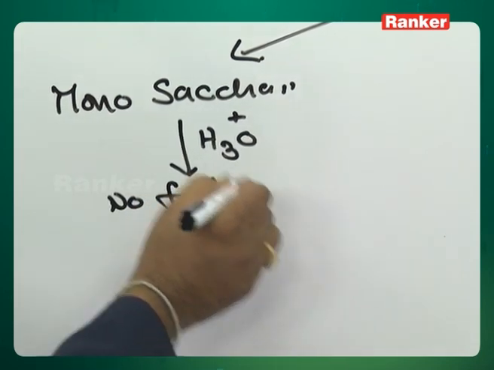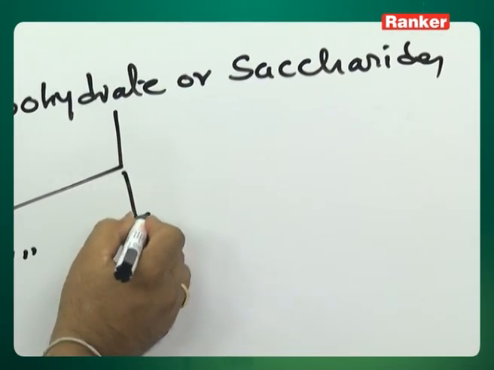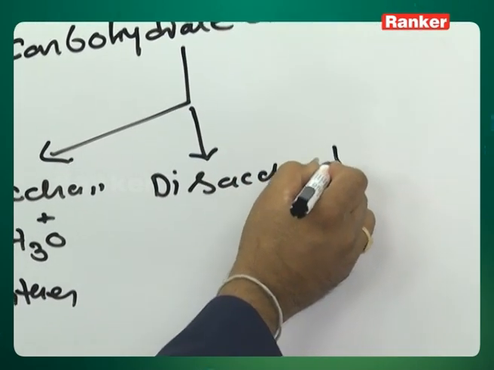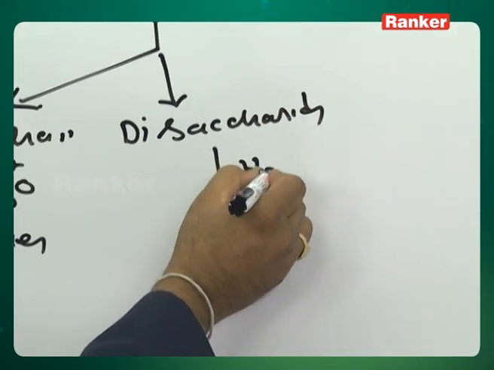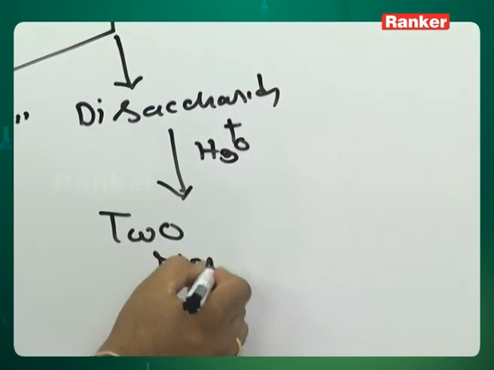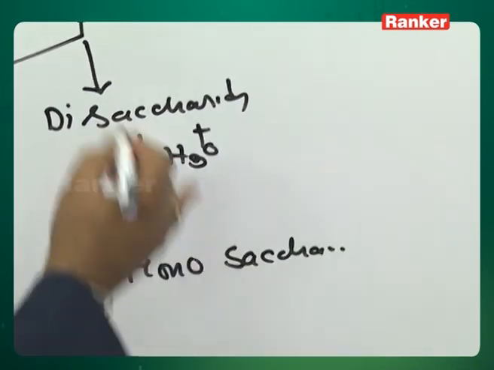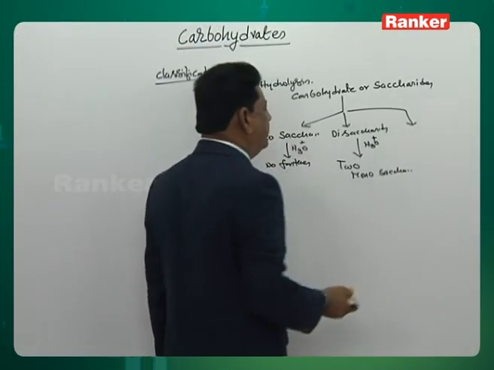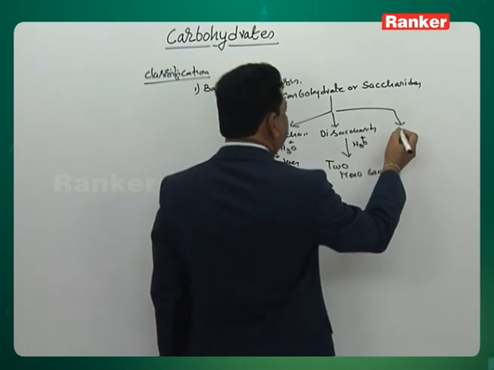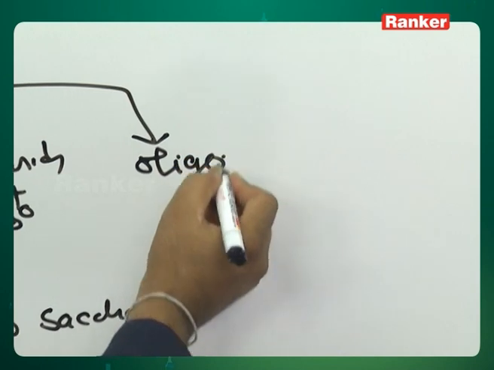No further means this is the smallest saccharide. If it can be hydrolyzed into two pieces, they are called disaccharides. Disaccharides means on hydrolysis you get two monosaccharides. Similarly, you can also have trisaccharides and tetrasaccharides and so on, but some books give another section called oligosaccharides.